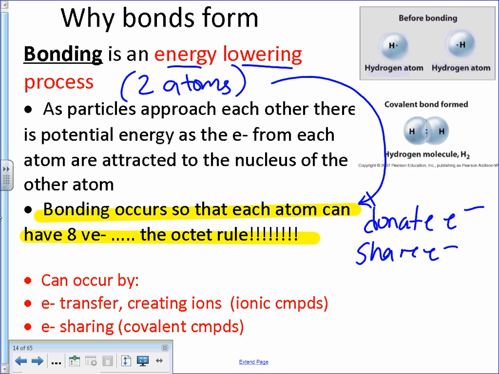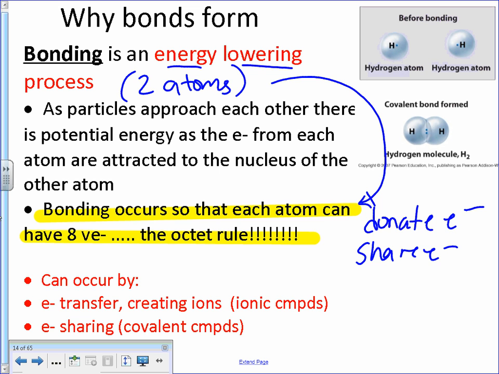This other stuff in the middle is a lot of detail about the energy component. The two atoms come together, and as they come together, they take that potential energy that might be really high, which is very unstable, and when they bond together, they come down to a lower potential energy state, which makes them more stable.